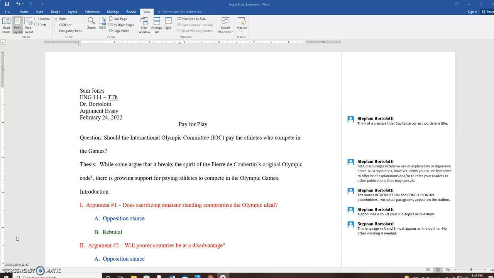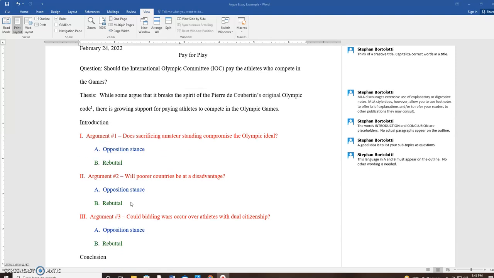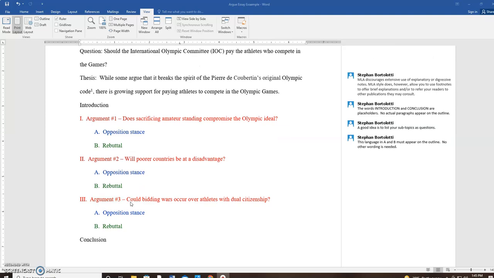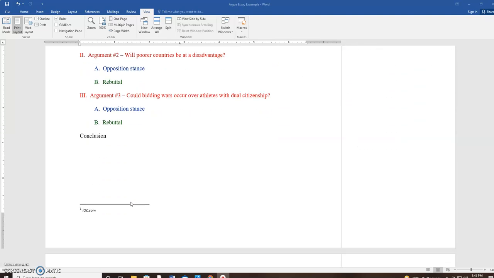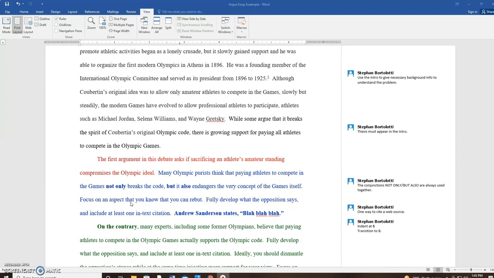The first thing I want you to notice is that the outline is the first page of the assignment. And you'll also notice that I am using colors to indicate to you the different sections of the outline. Plus, this color coding will directly correspond to the paragraphs in the essay.